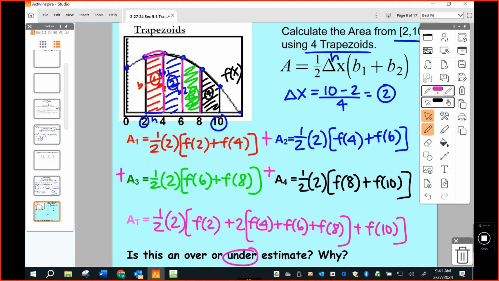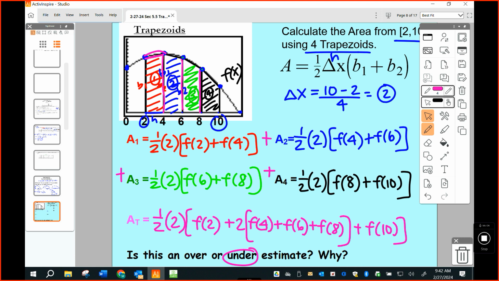It is concave down. So it doesn't have to do with increasing or decreasing. It has to do now with the concavity. Because this curve is concave down, those trapezoids are going to be an underestimate. Okay? What if your curve was concave up? Then it's going to stick out above and be an overestimate.